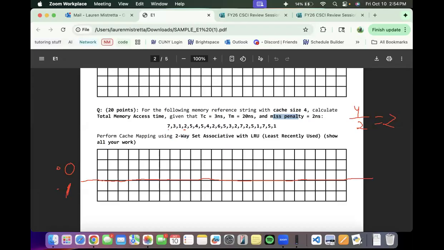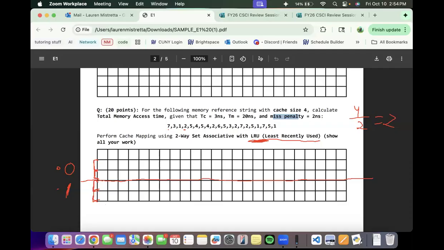Now, if you notice, there are two spots inside of these sets. This part is going to be handling the least recently used part. So there's a least recently used set here, and a least recently used set here. In the previous problem, we had only one least recently used stack, if you would say.